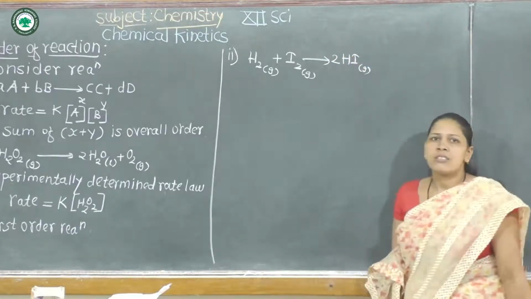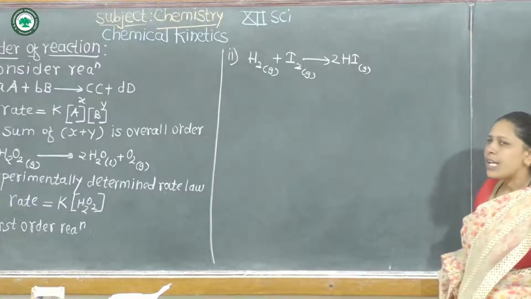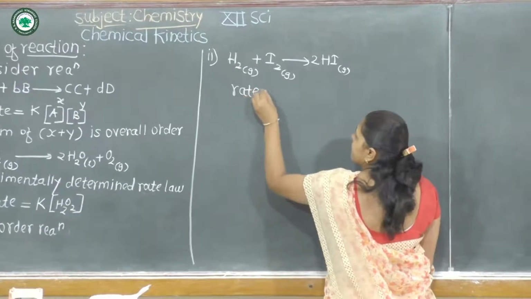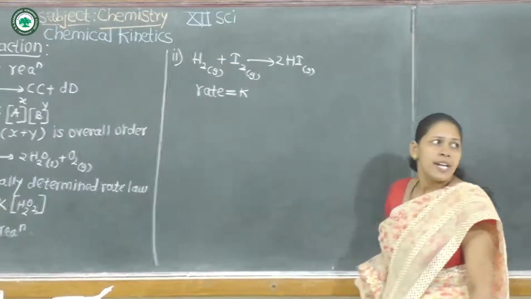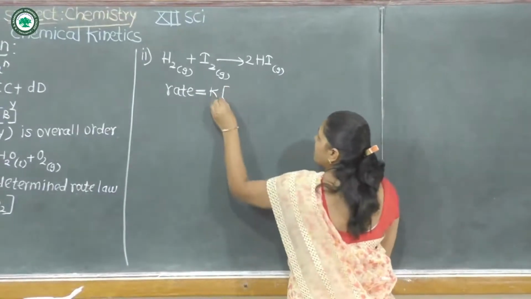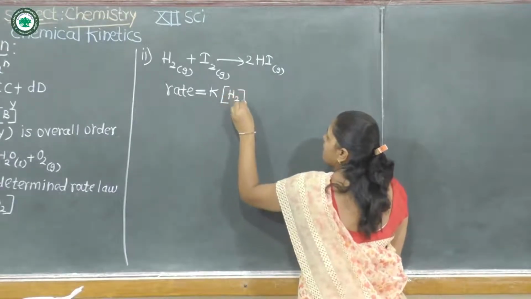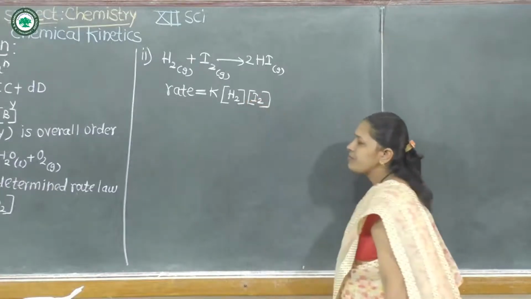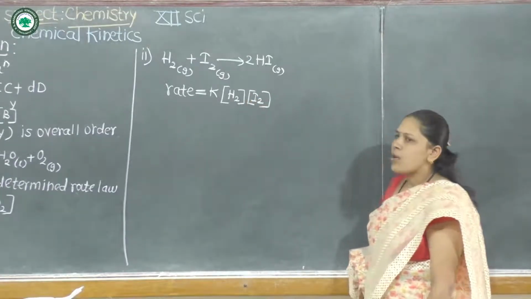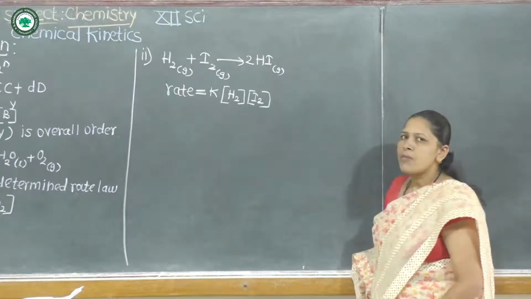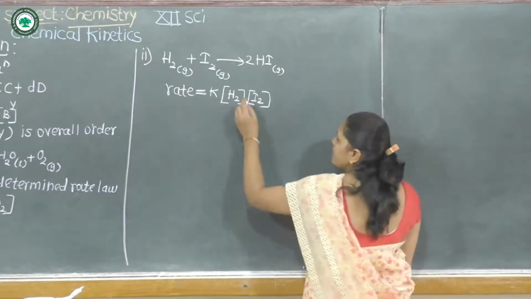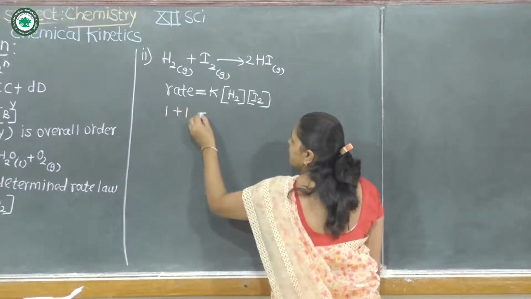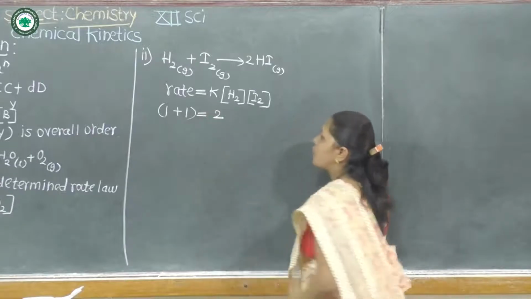For this reaction, the experimentally determined rate law is found to be rate is equal to rate constant K multiplied by concentration of hydrogen multiplied by concentration of iodine. Here, the overall sum of power of concentration terms is equal to 1 plus 1, that is 2.